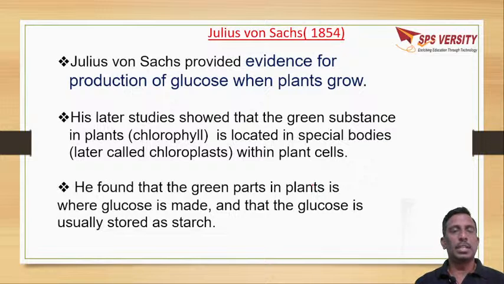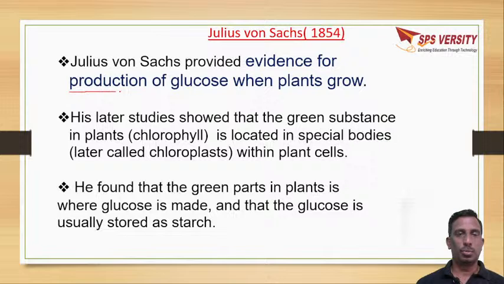The reason is that the green parts have chloroplast, which performs photosynthesis. After Ingenhousz, the next person is Julius von Sachs. He proved the production of glucose when a plant grows.